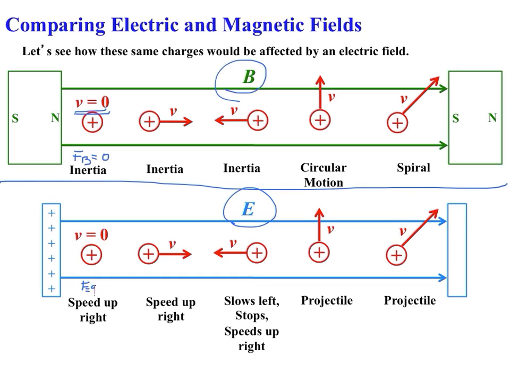Our electric force did not depend on any angle. So even though we weren't moving in this situation, we still had a force. So make sure that you can remember the differences between these two.